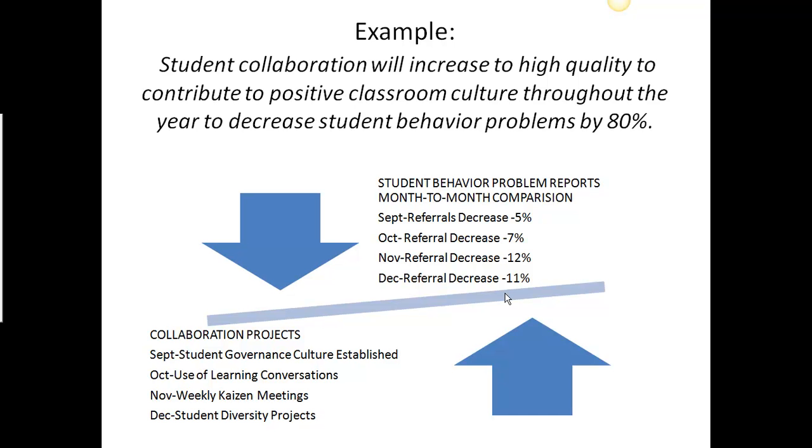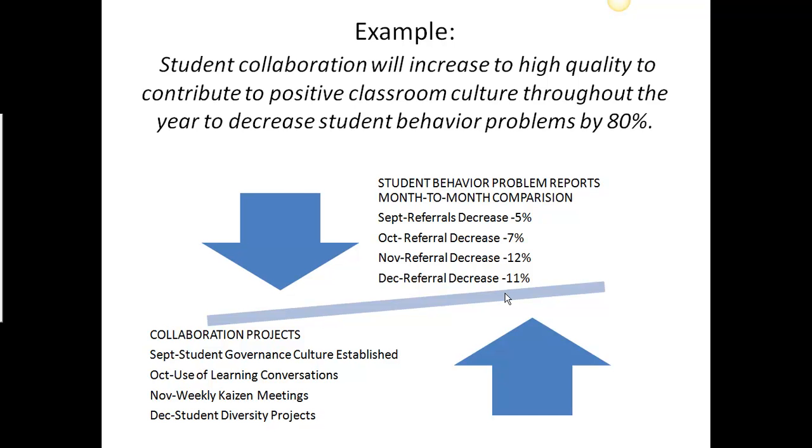And maybe they have selected some rules that they think everyone should follow, or some type of governance culture begins to get established. You might see in October another collaboration piece come in where there's the use of learning conversations. You might see in November that as a class, once a week there's a quick meeting to say what went well this week, what can we do better next week, something called a Kaizen technique.